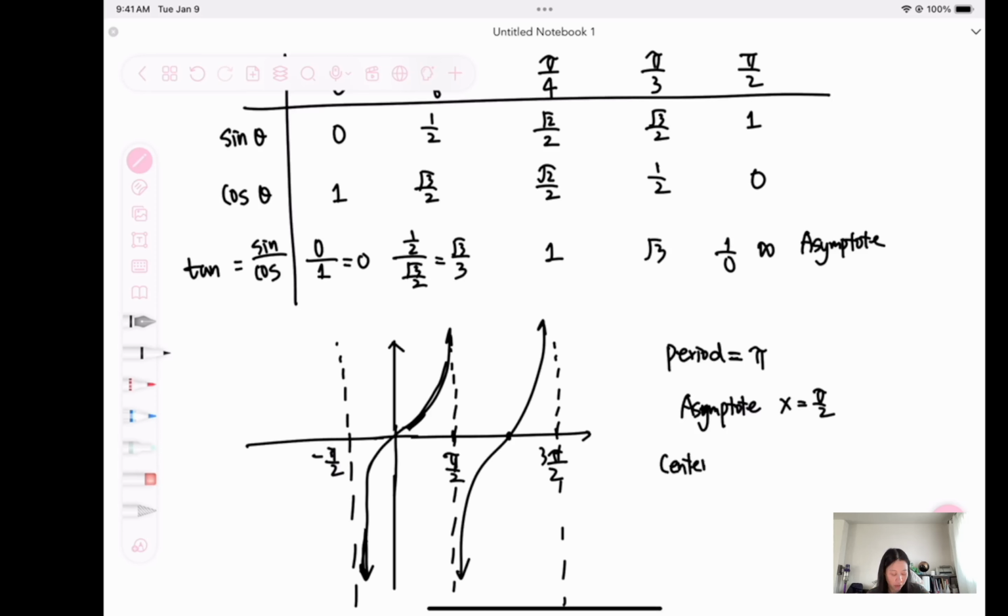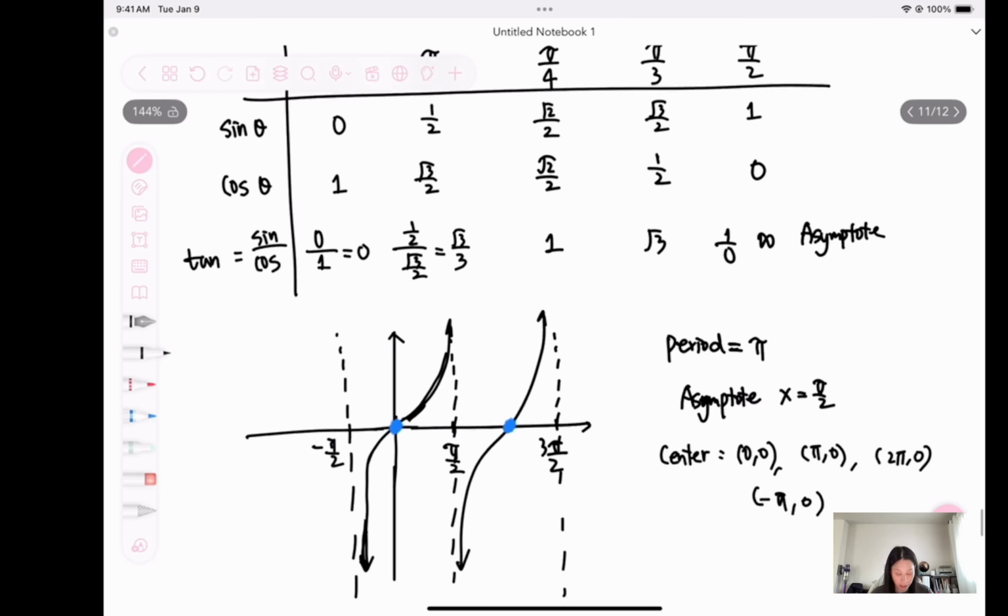The center of the graph, let's just pick one to talk about, is here in each graph. We got it here, which is (0, 0). Or since they repeat every pi, that could also be (pi, 0) or (2 pi, 0) or (negative pi, 0), because they repeat every pi.